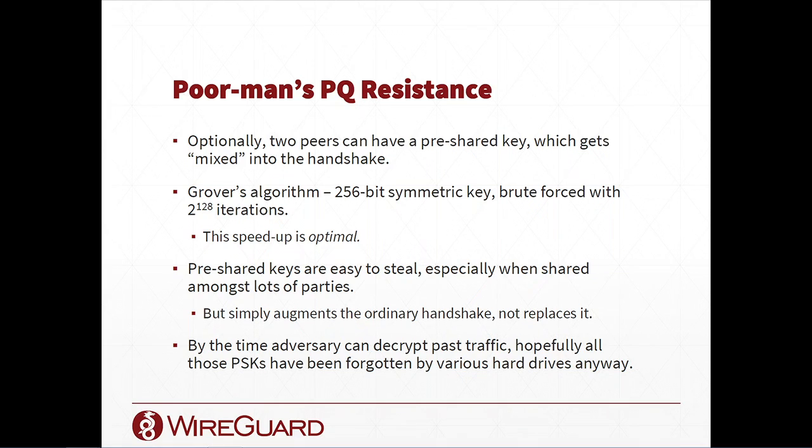Because of Grover's algorithm, a 256-bit symmetric key can be brute forced with a quantum computer in the time it would take for a 128-bit symmetric key. And it's actually been proved that Grover's algorithm is an optimal speedup. So we choose a big symmetric key like 256-bit, and then because the complexity goes to 128, we know we'll be safe even post-quantum.